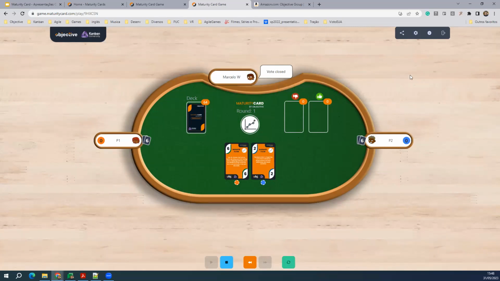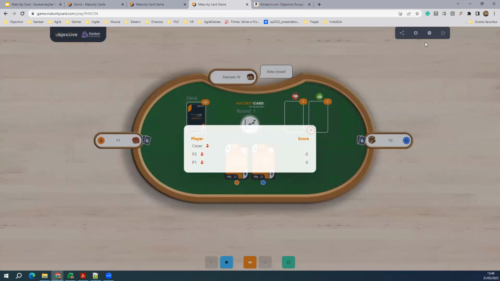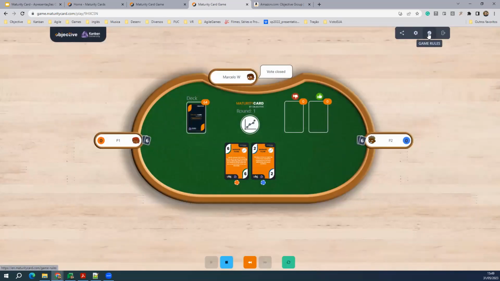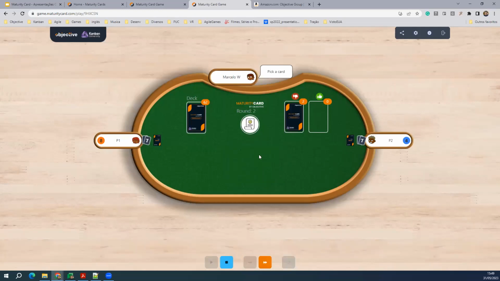Let me see where I can see the vote. The points are here, new round. So I start a new round, and here I can see the player one has 8 points, the player two has 4 points. Why?